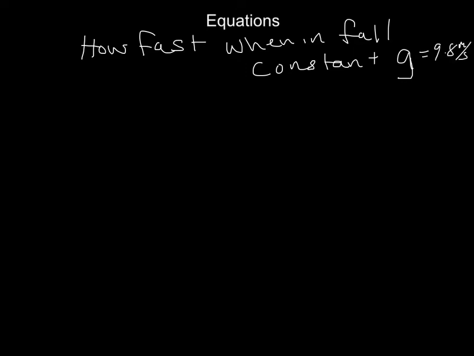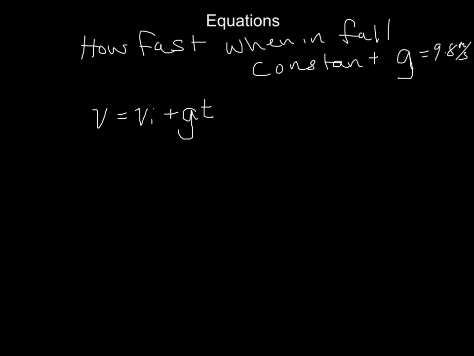So when you are trying to figure out how fast an object is falling, we will use our equation. Velocity is equal to the initial velocity plus at, a being acceleration, and so for an object in free fall, it will be the gravitational acceleration.